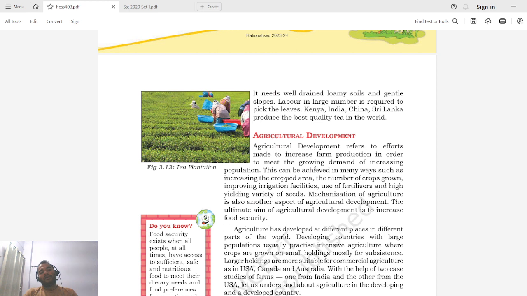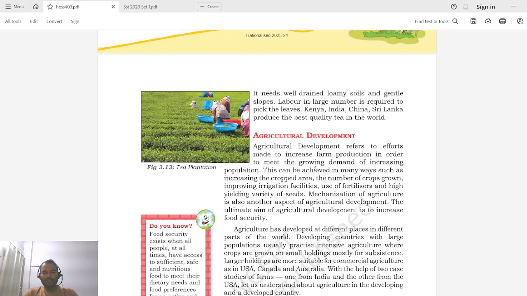So what is happening on the existing land? Now there is more stress to increase production, right? If we don't increase the production, then it may happen that we won't produce sufficient for the complete population of India, right? So in order to increase production, there are different techniques which are used.